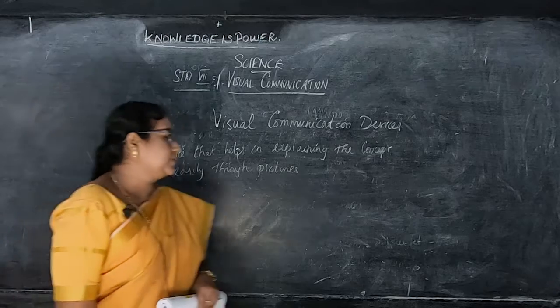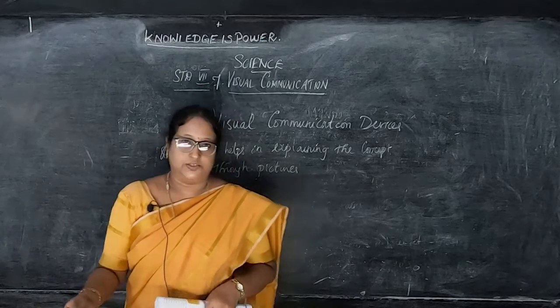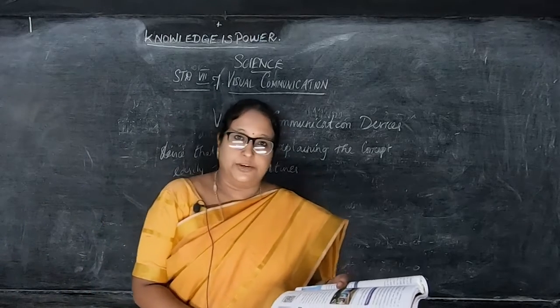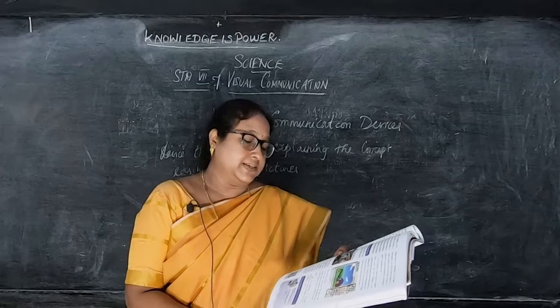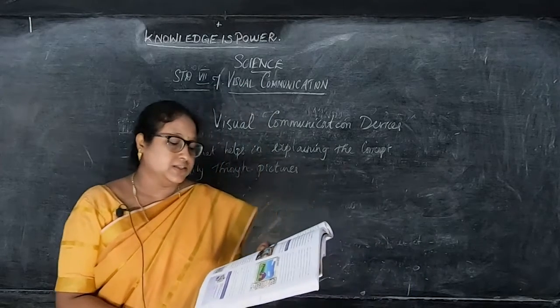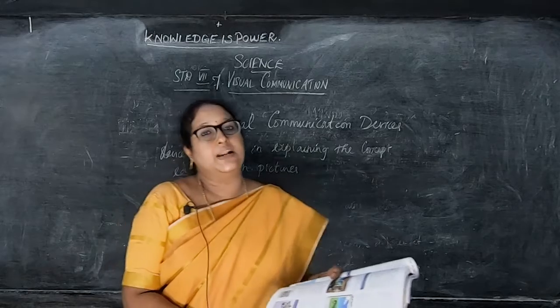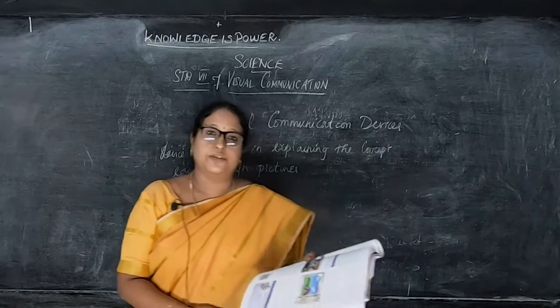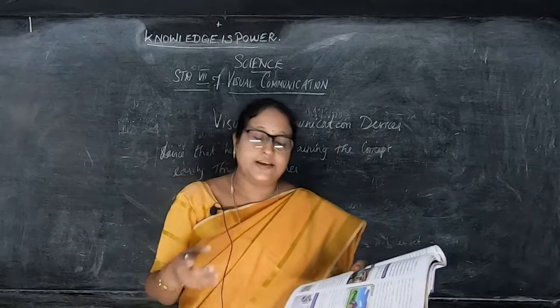A device that helps in explaining the concept through pictures. These are called visual communication devices. For example, photos, audio visuals, drawings, animations, all these can be created easily with the help of the computer.